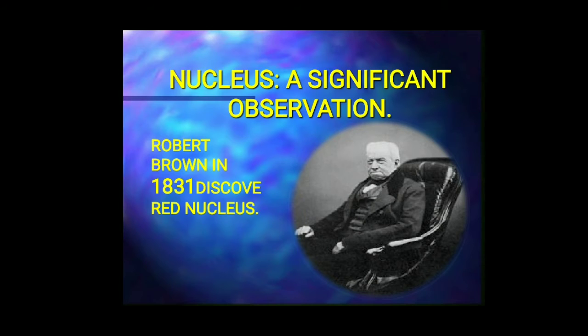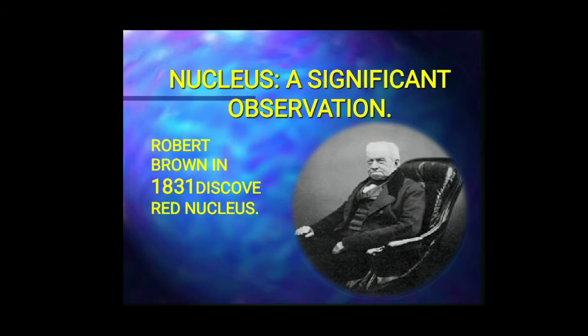But in 1831, it was announced that Robert Brown observed the integral part of the cell, that is, nucleus, in the orchid leaves. Brown noticed a circular spot that was slightly more opaque than the surrounding areas. He noted that similar structures were present in other cells as well, and he named that part as nucleus.